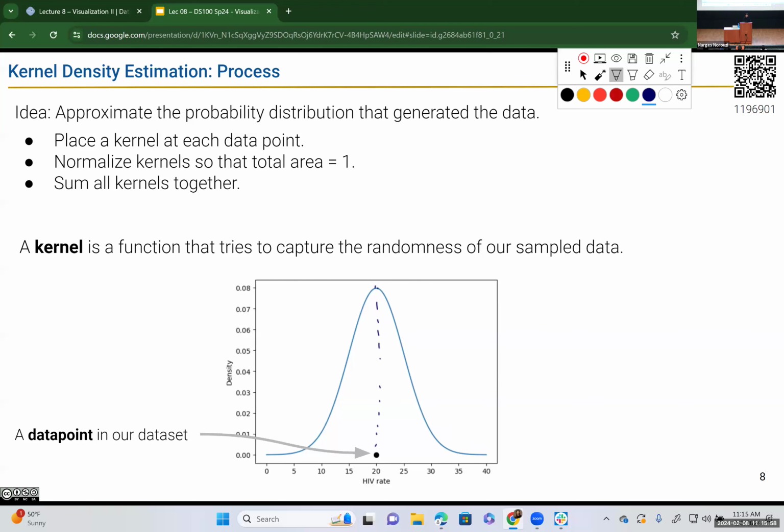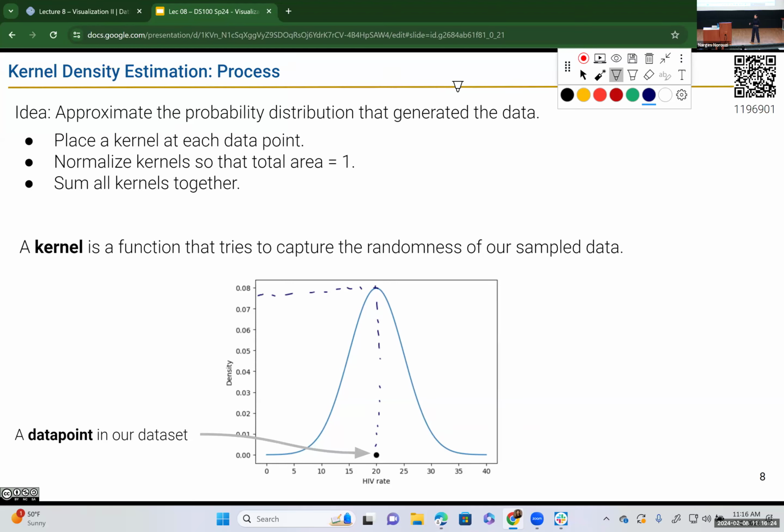You'll see that there is a high probability here at the center of this curve. And for those who have taken probability or statistics courses, you know that this is a Gaussian curve or bell curve or a normal distribution that you've seen before, with the center or with the mean being at that exact data point that I have. And as I move away from that center, the probability is going to drop.